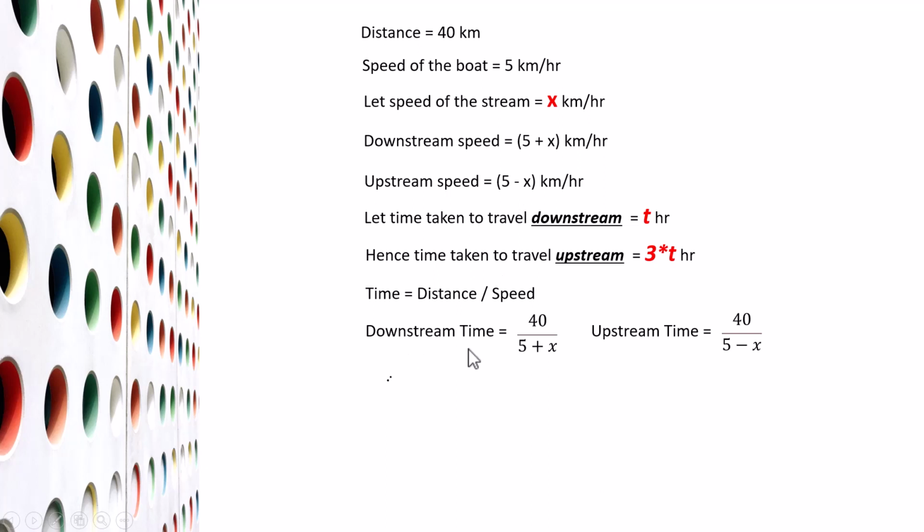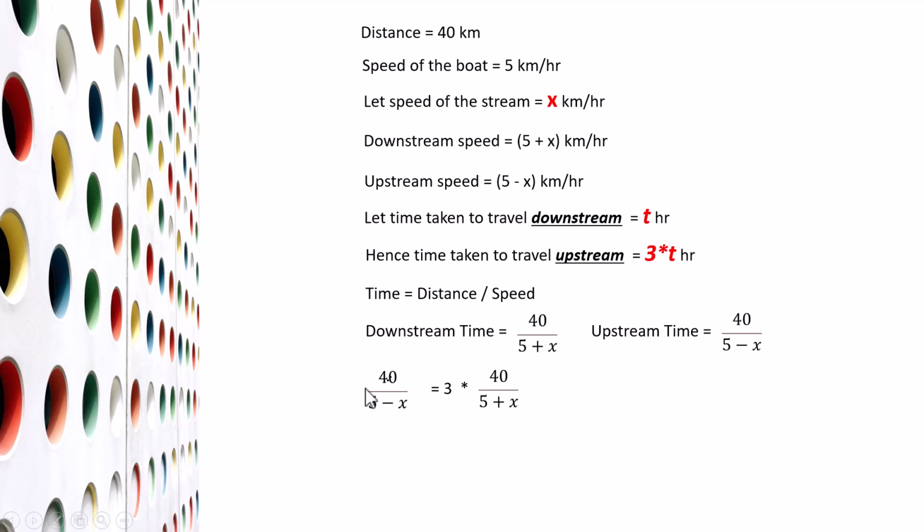We also know the upstream time is equal to 3 times the downstream time. So 40 divided by 5 minus x equals 3 into 40 divided by 5 plus x.